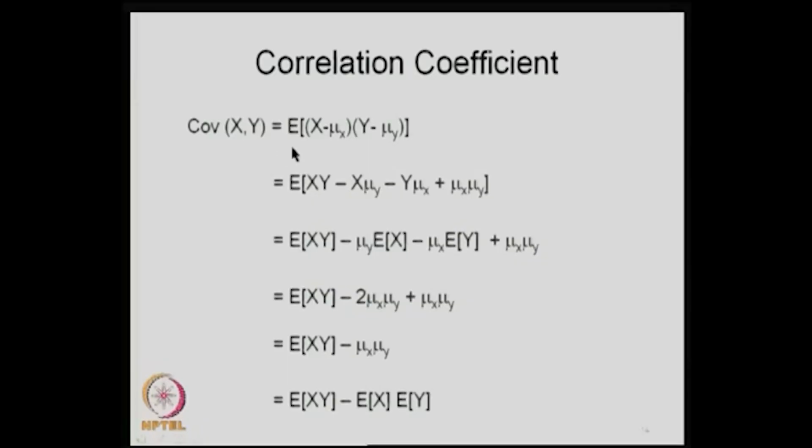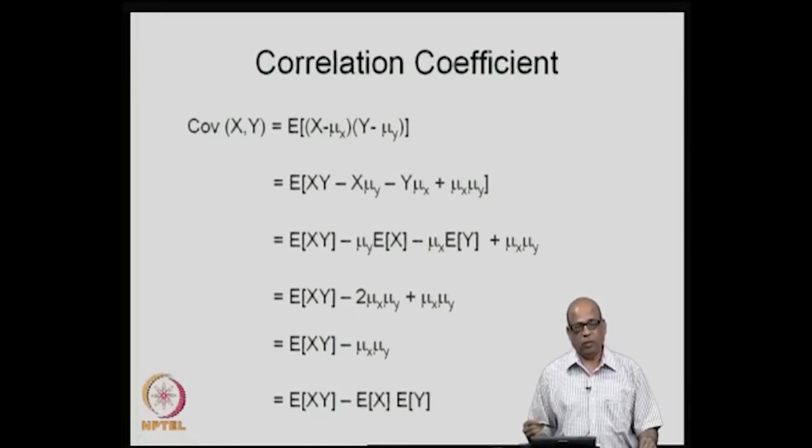We will just see what the correlation coefficient indicates for a perfectly linear relationship. For this, we will express this covariance of x and y in a slightly more convenient fashion. This is equal to the expected value of (x minus mu x)(y minus mu y).